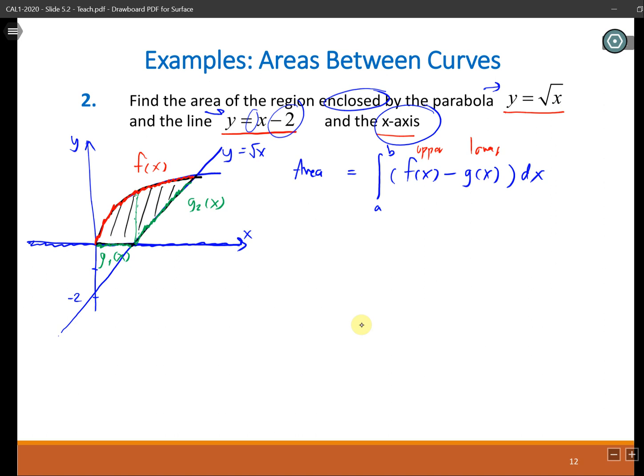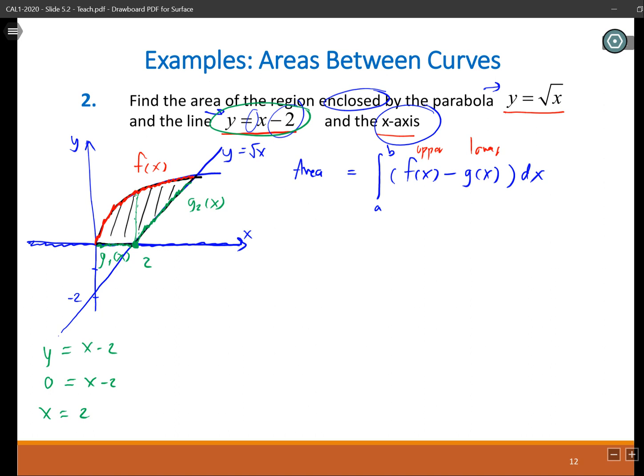Okay, now the next thing we need to find out is about this change of one section to the other. So this intersection of x-axis is equal to 2. How do I know? I solve this and set y to 0. y equal to x minus 2 and 0 equal to x minus 2. So I know this happens when x equal to 2.